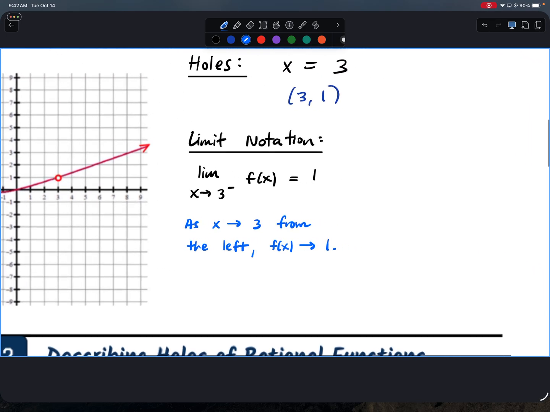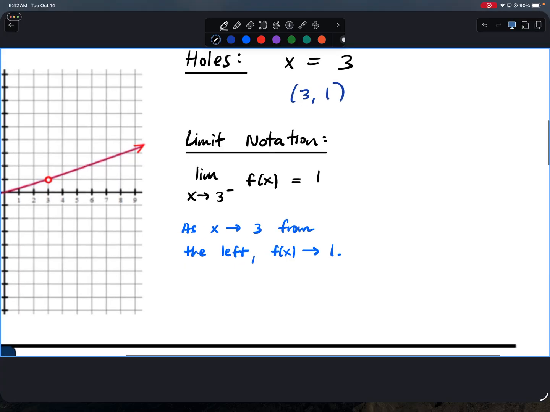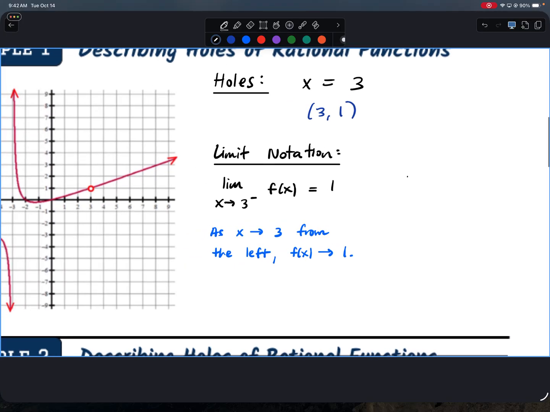And then on the right side of 3, my bad. On the right side of 3, the limit as x approaches 3 from the right of f of x is equal to, so do you agree this is the right side of 3? If I'm getting close to 3 from the right side, what's the y value getting close to?